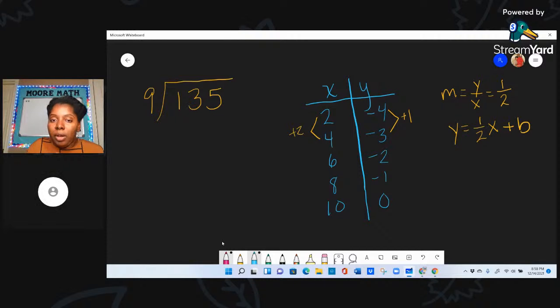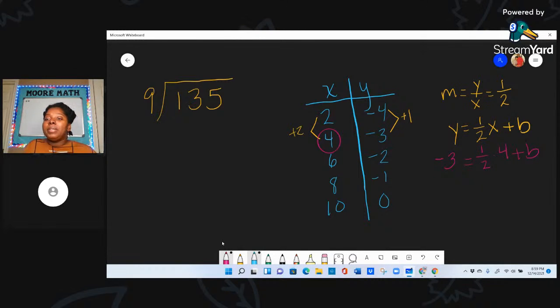4. Okay. So we're going to choose 4. All right. So 1/2 of 4. And what should the output be when I choose 4? Negative what? -3. Good. All right.